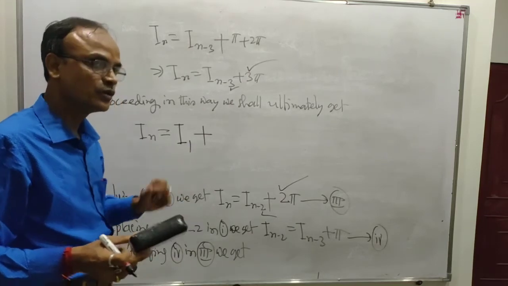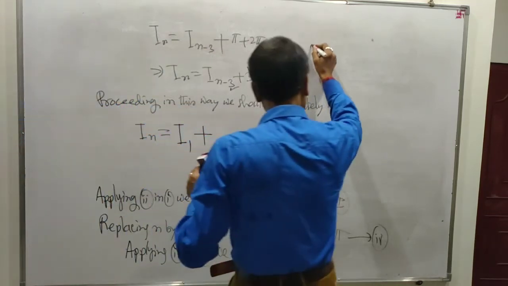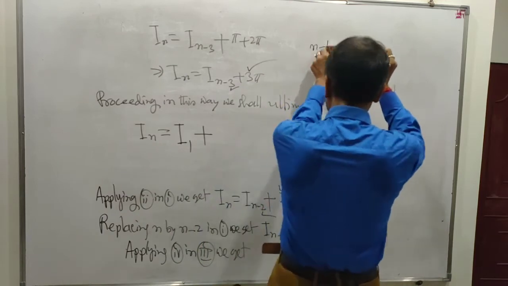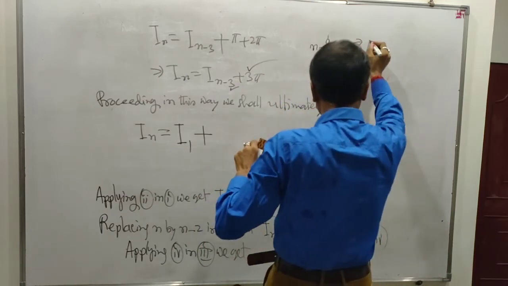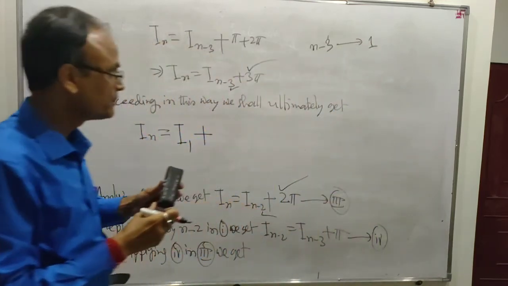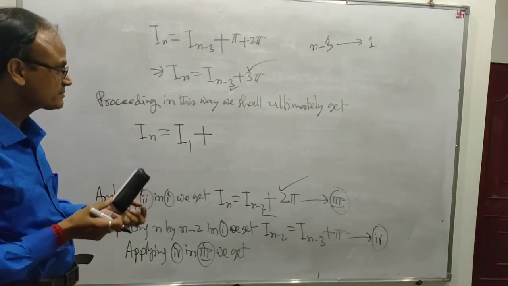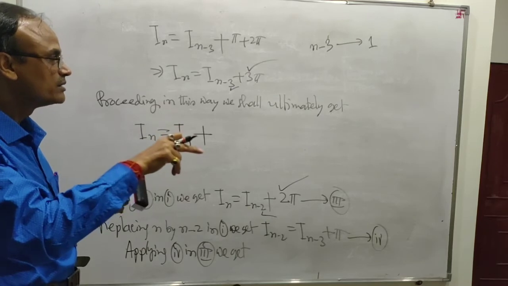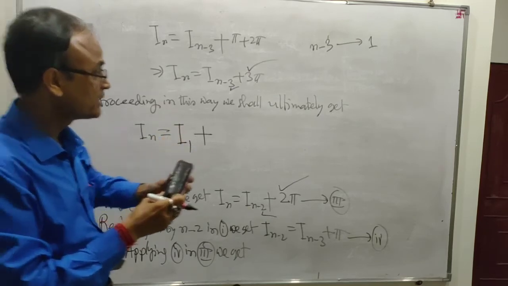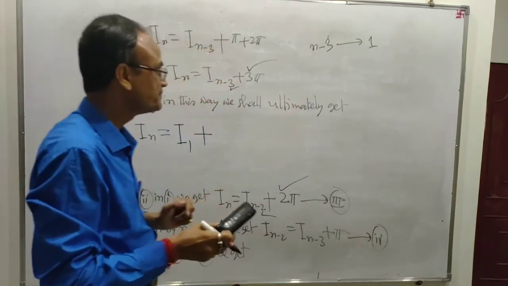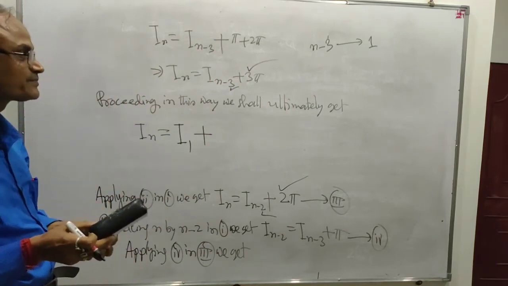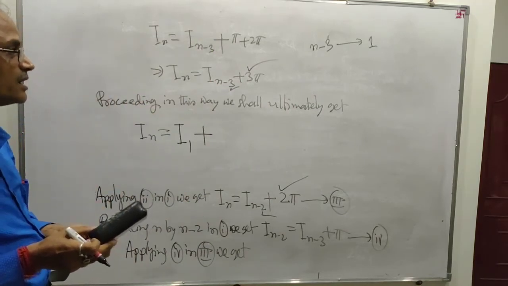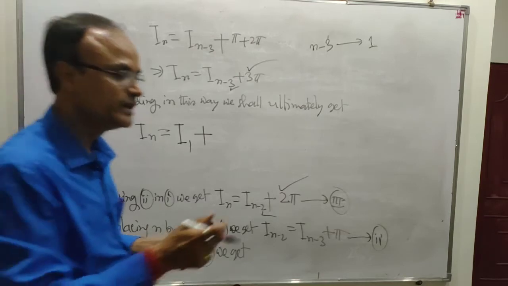We have written 1 for n minus 3. For 3, what will be written?